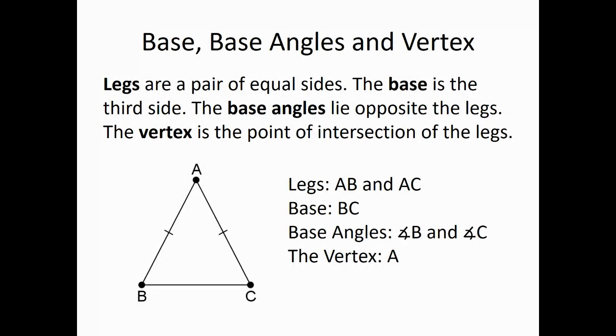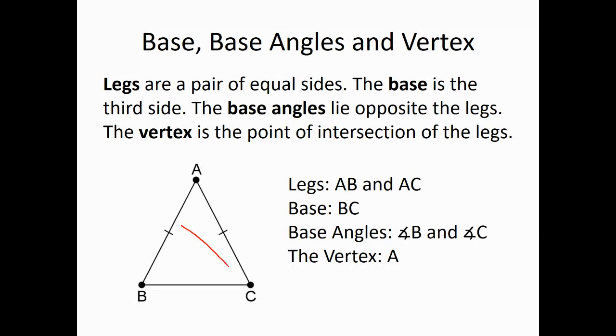Okay, and we'll come back and talk about that in just a moment. Now, first of all, a little bit of anatomy. We have language that we use to describe the parts of isosceles triangles. So the pair of equal sides we call legs. The base is the third side. The base angles lie opposite the legs. And here's what I mean by that. So the legs in this case are obviously AB and AC, the equal sides.